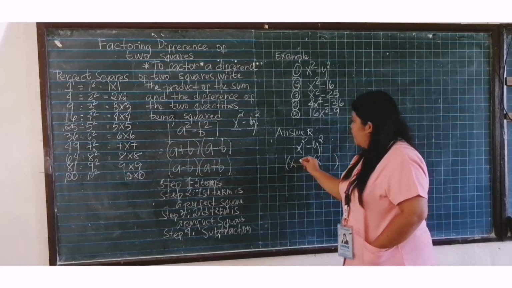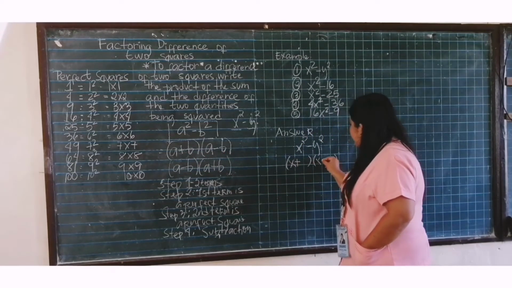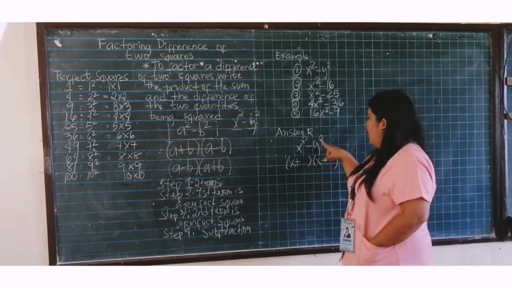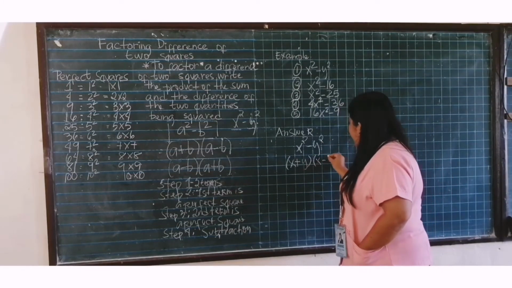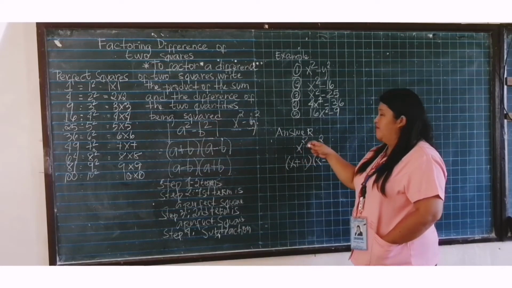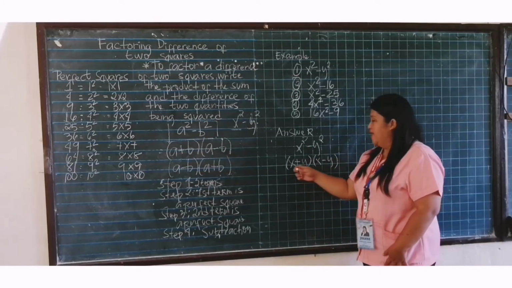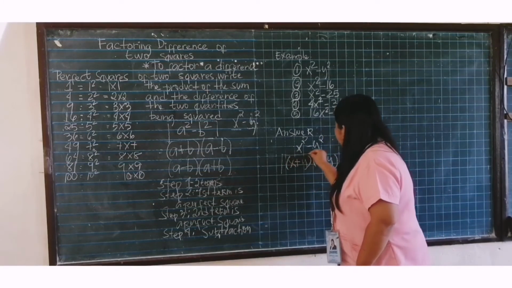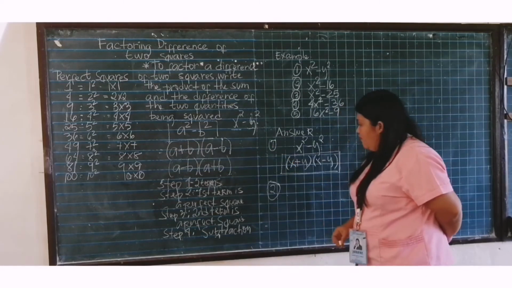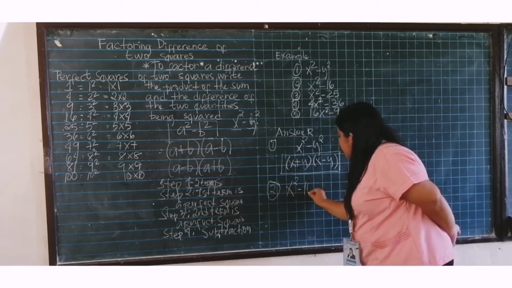Then we put the add and subtract signs, and then again we distribute the y, since y is squared, so y and y. So the factored form of x squared minus y squared using the difference of two squares is x plus y and x minus y.